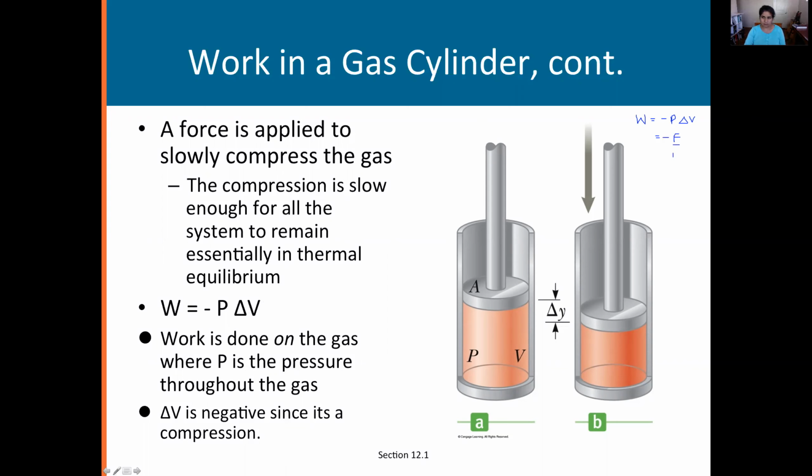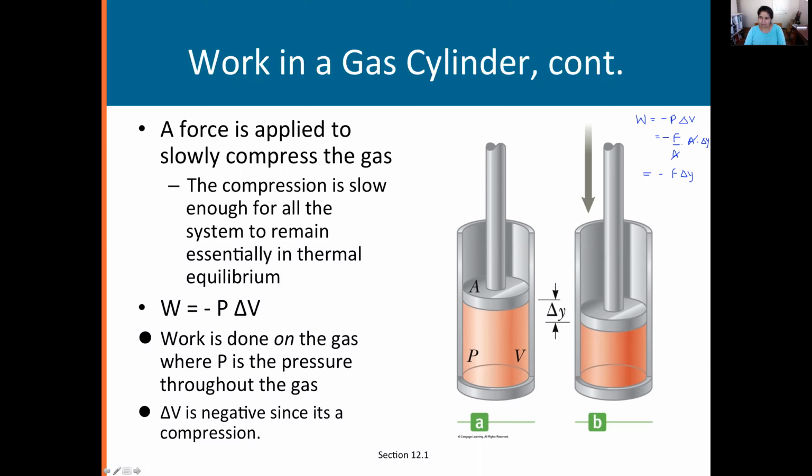So force per cross-sectional area A, that's shown here, okay? And delta V is that same cross-sectional area A times delta Y, the change in height, yeah? So I can cancel out these two A's. That leaves me with negative F delta Y, yeah, is my work done. So this is force times distance. This is what you learned about work, force and distance in the same direction as the work, yeah?